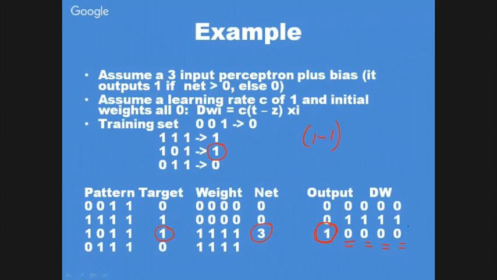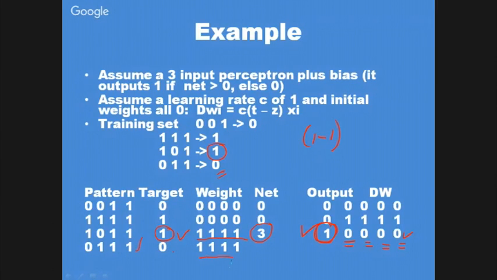According to our concept, Rosenblatt says that if the target and the output are the same, then there will be no weight change. So with the calculation we are getting that there is no weight change, right? Now for the fourth case, that is 0, 1, 1 and bias equal to 1, the target is equal to 0, and the weights will be the same as W1 old, W2 old.